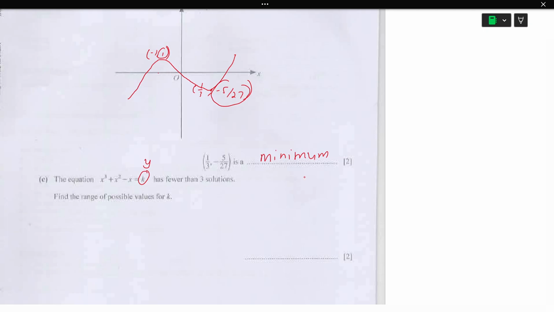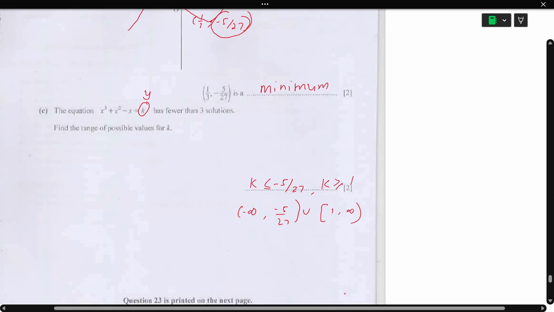So here, this value is either below minus 5 by 27, so k is less than minus 5 by 27, or k is greater than or equal to 1. Either we can write it this way, or we can write open bracket minus infinity to minus 5 by 27 closed bracket, union, since they are two different inequalities, closed bracket 1 to infinity. So this is the answer for this question.